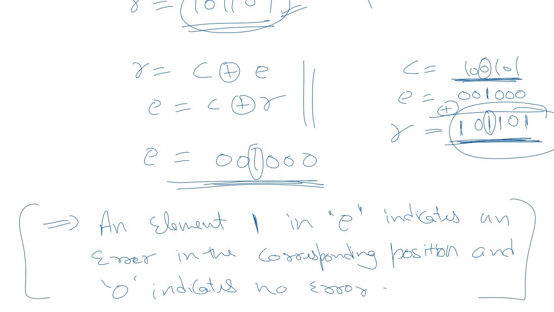You can clearly see that the error word consists of a 6-digit word which has 1 at the third place, and all the other digits are 0, and if we correlate it with the received vector, the change or the error is only at the third place. So the element 1 in the error vector indicates an error in the corresponding position, and 0 indicates no error.